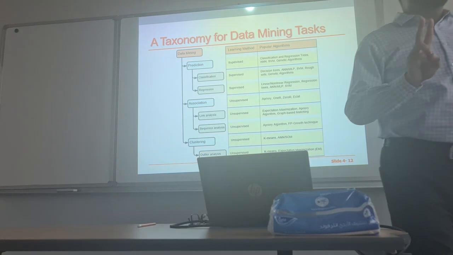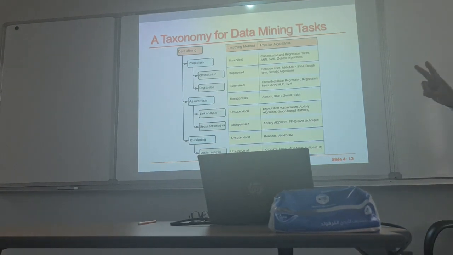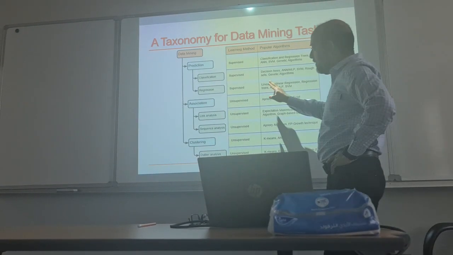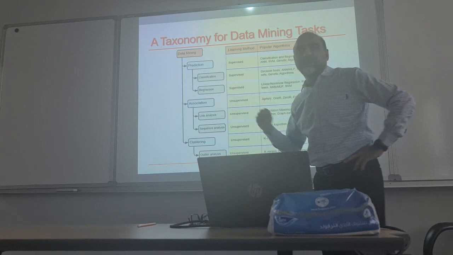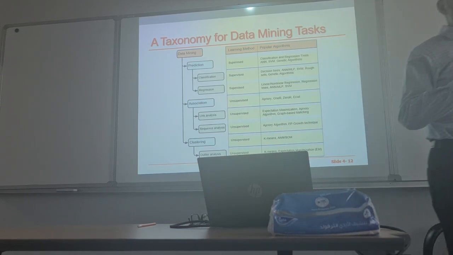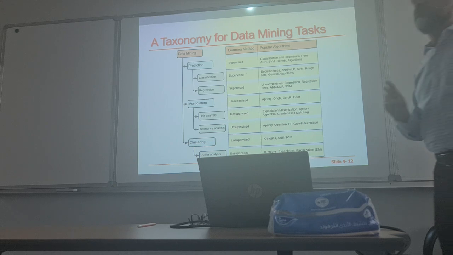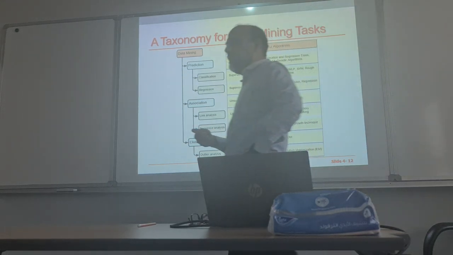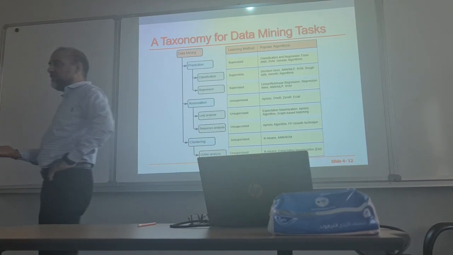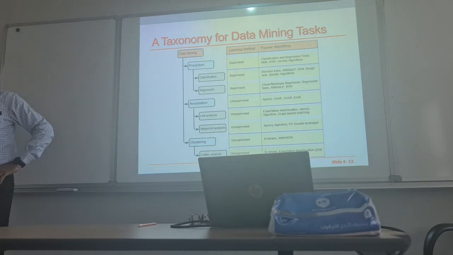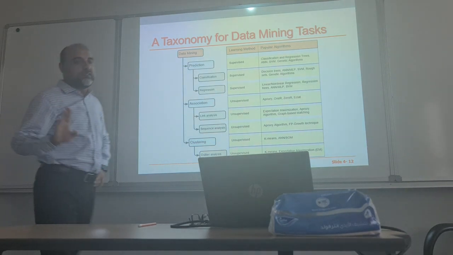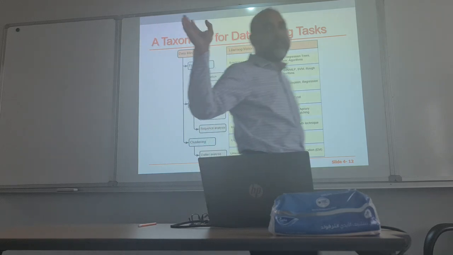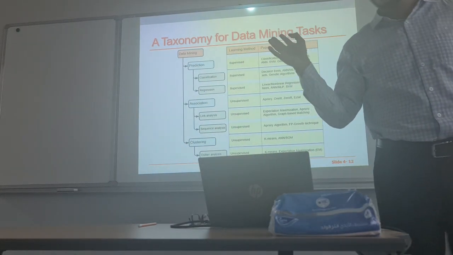Now, two things we talked about last time, just to refresh yourself about these two terms: supervised and unsupervised learning. In machine learning, there are two things. One, you guide your algorithm on certain basis, and then you just let it say, I don't have any idea about my data, tell me what you can see.